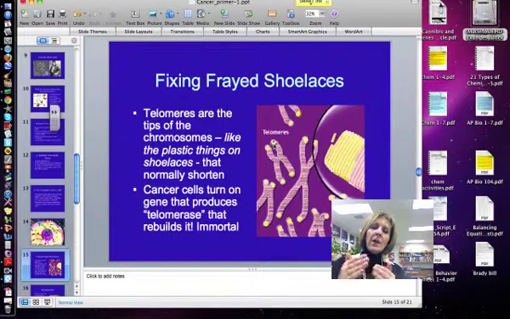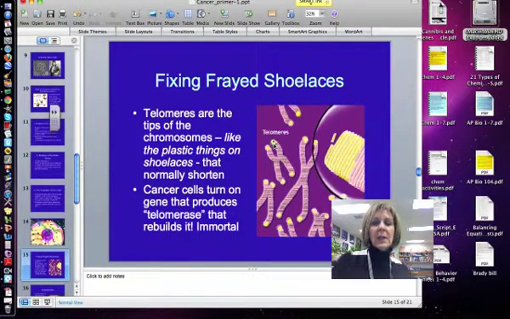Every time a normal chromosome divides, the telomeres lose a little bit of the DNA on those ends, and they shorten. At a certain point, the research shows that when these telomeres get so short, they do not divide anymore. It's kind of like that's the life of the cell.